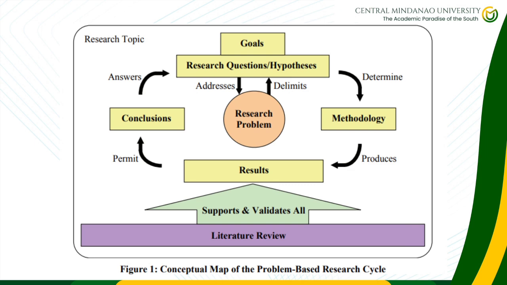So as shown in this figure, there is a two-way relationship between the research problem, the goals, and the associated research questions and/or hypothesis. A research study goal is the major intent or objective of the study used to address the problem, and research questions narrow the purpose or goal into specific questions that the researcher would like answered or addressed in the study.